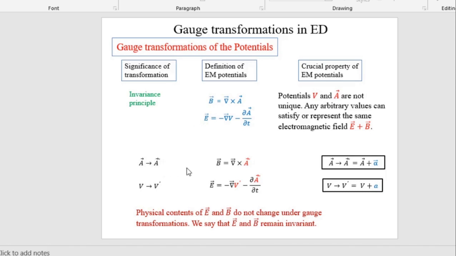That means we can write B is equal to curl of A prime and E is equal to minus gradient of V prime minus del A prime del t, similar to the original equations.